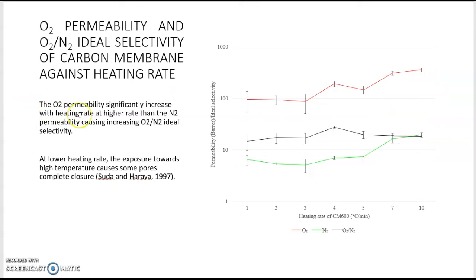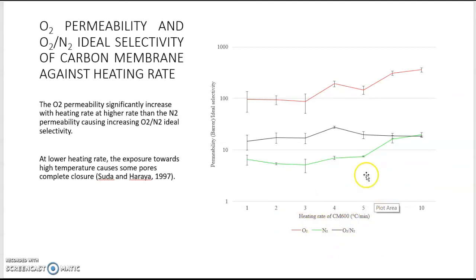The next one is, when we select the best and go further for optimization in terms of the heating rate. As we can see, when we apply an increasing heating rate, the permeability is increasing, for both oxygen and nitrogen. But since the increase rate is almost the same for both, the selectivity is quite stagnant.